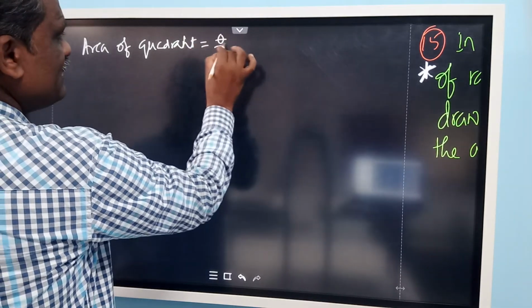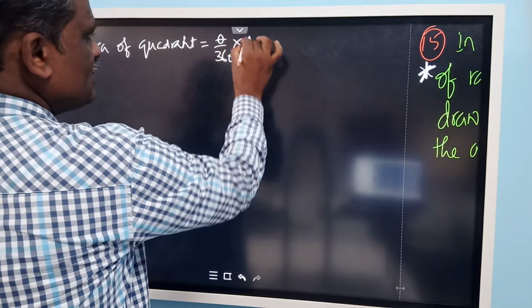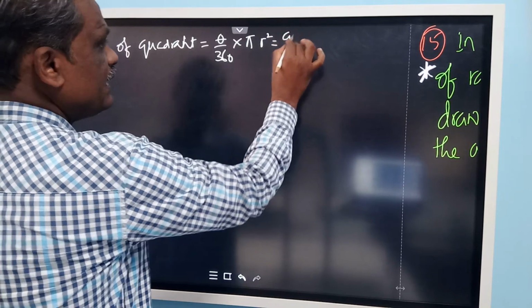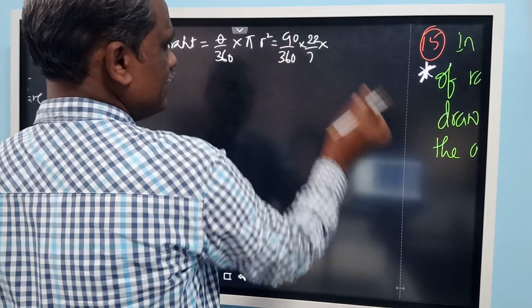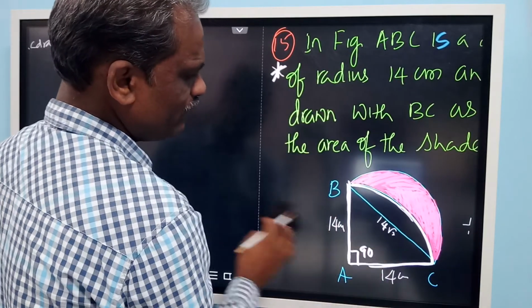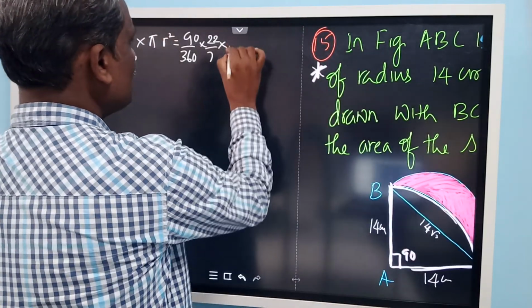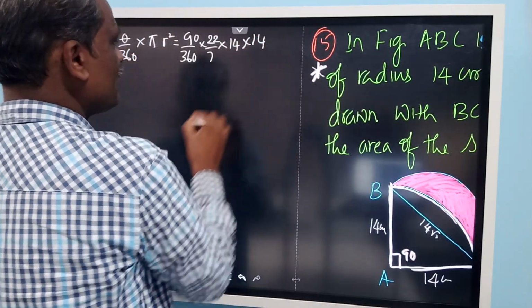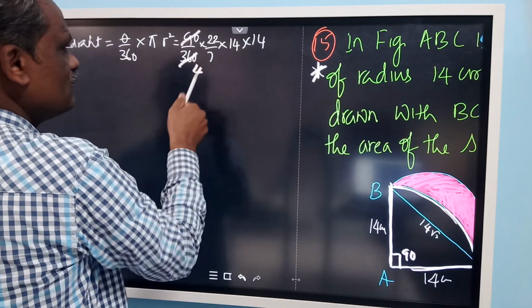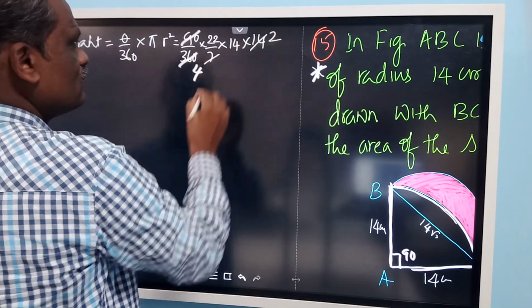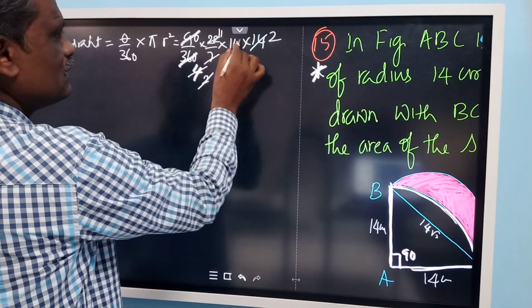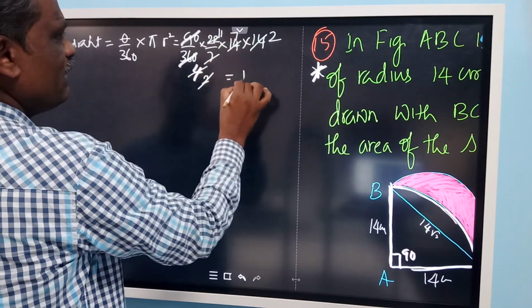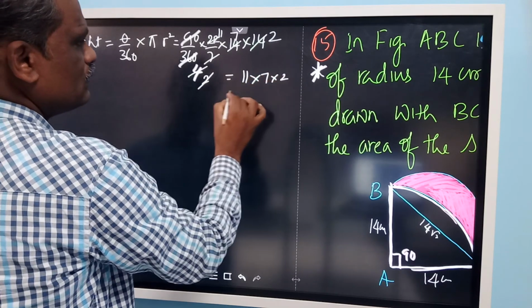It is theta by 360 into pi r square. So 90 by 360 into 22 by 7 into, what is the radius of this quadrant? 14. So 14 into 14, 14 square. So then 11 into 7 into 2.